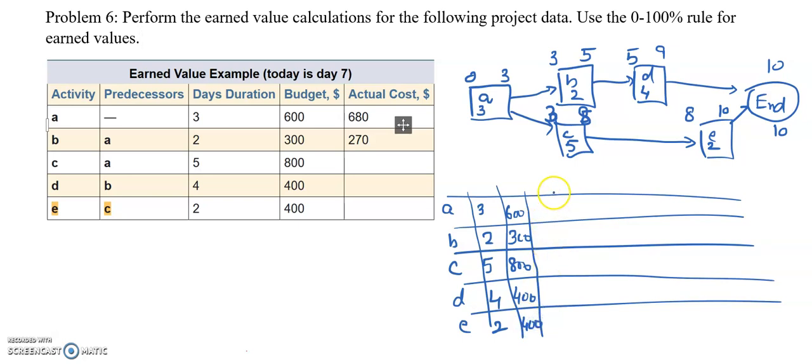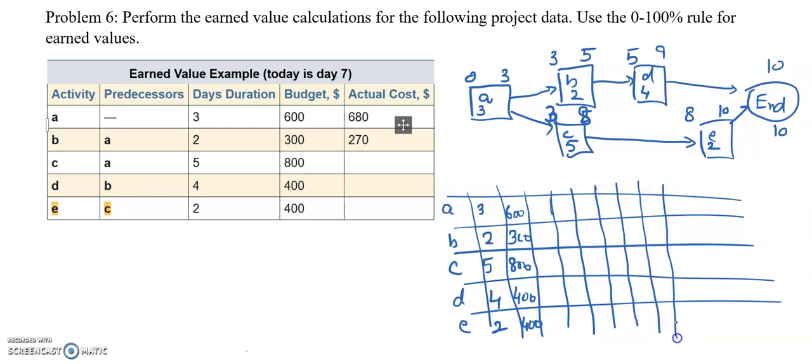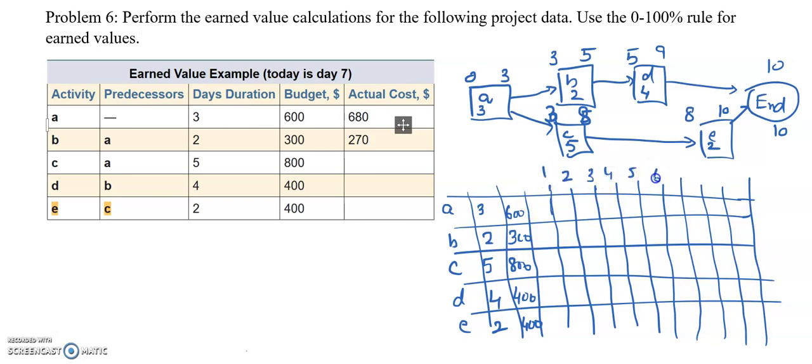So the number of days are 1, 2, 3, 4, 5, 6, 7, 8, 9, and then 10.